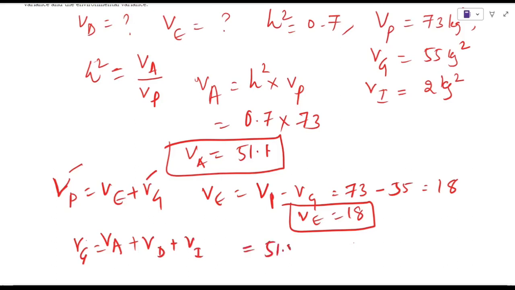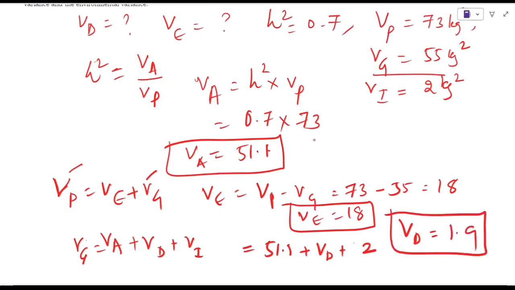We don't know VD here, and we already know the epistatic variation, and VG is given here. Then if you calculate this, VD you'll get around 1.9. So VA we already know, VE 18 we calculated, and VD calculated. This is the answer for this question.